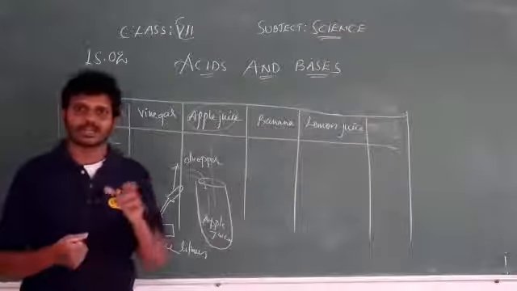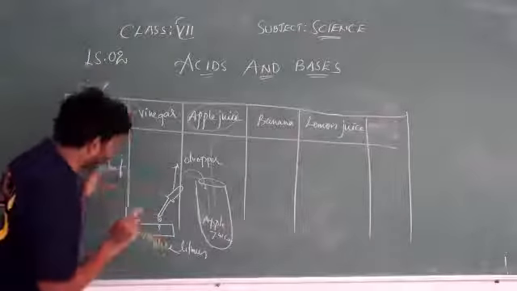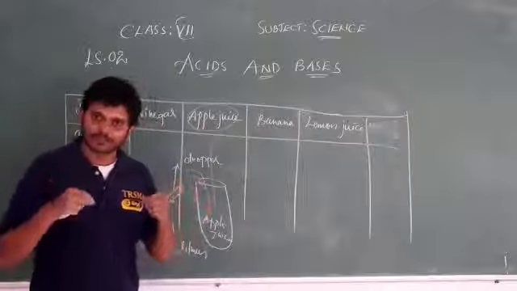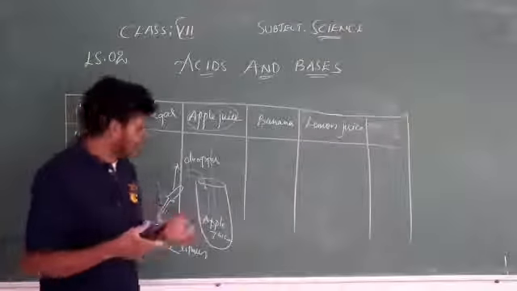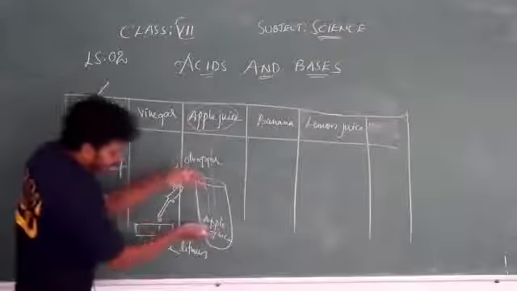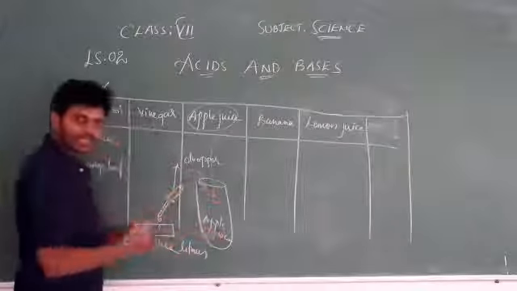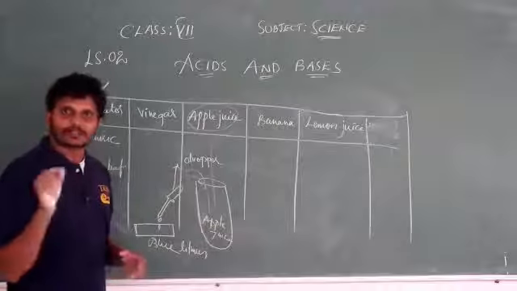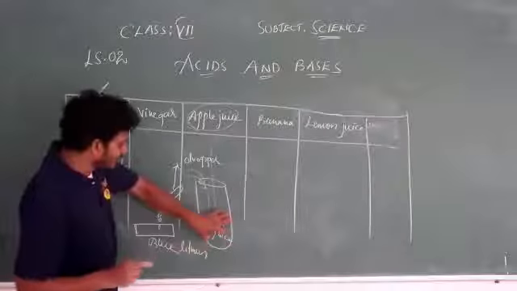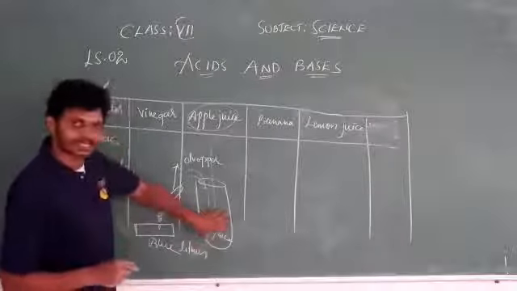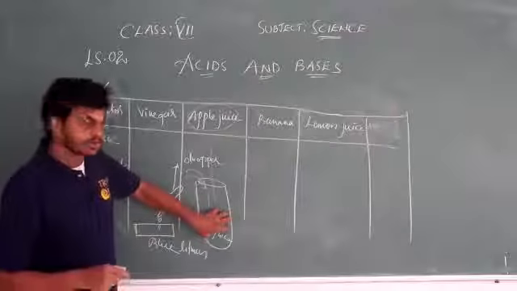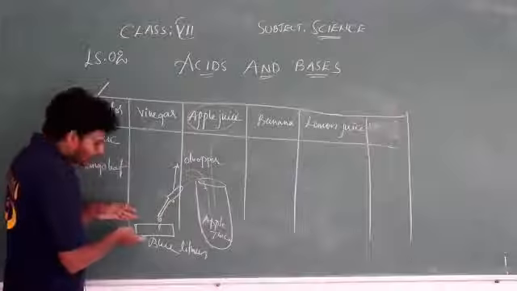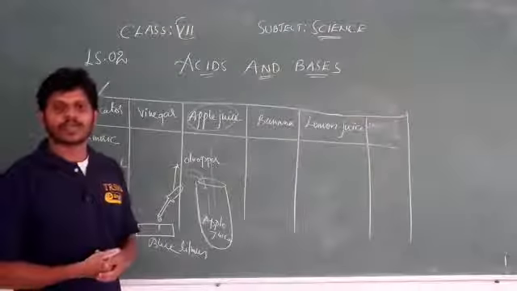I say once again, any substance which is helpful for finding out whether the sample given to us is acidic, basic or neutral, to find out its nature, we call that material an indicator.